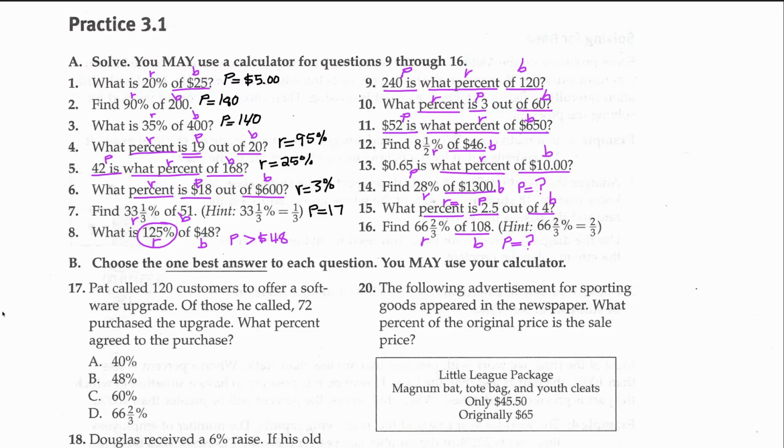For number 8, remember I told you earlier that the part is missing, but the part has to be greater than $48. So let's figure that problem out here. Number 8. Let's do a big plus. 100 goes here.